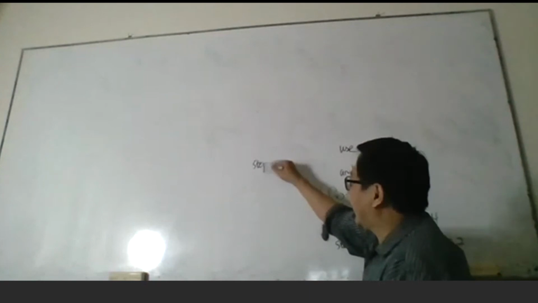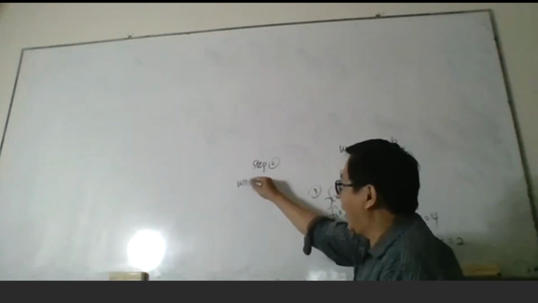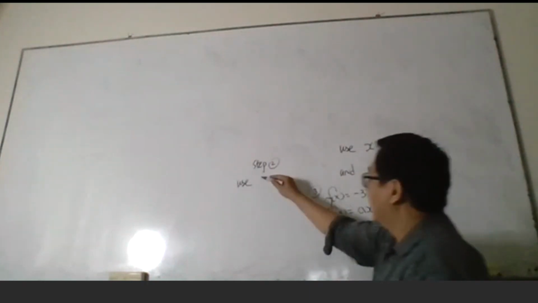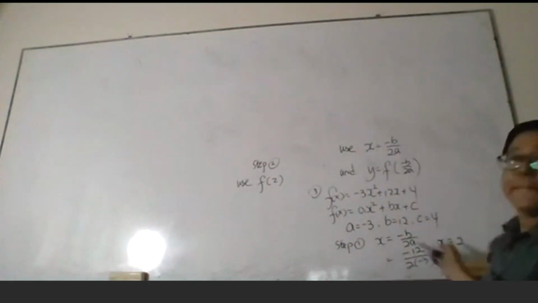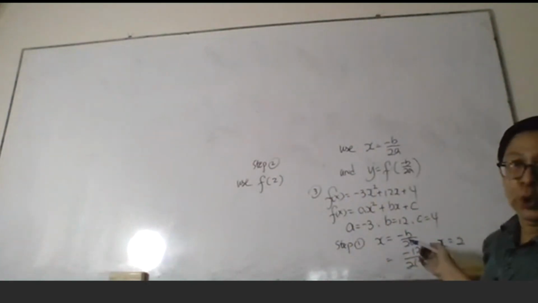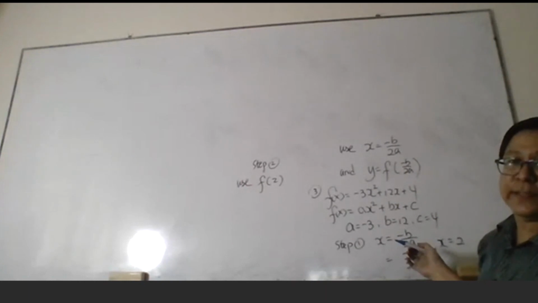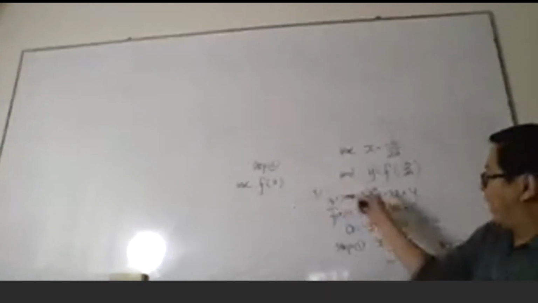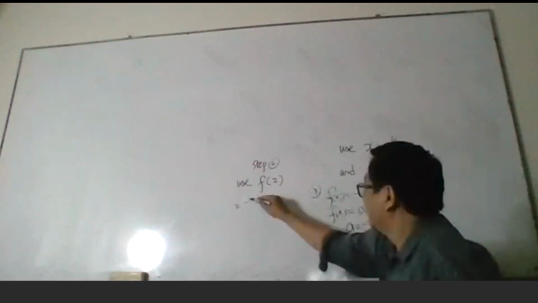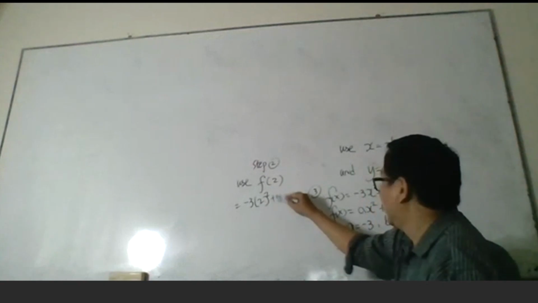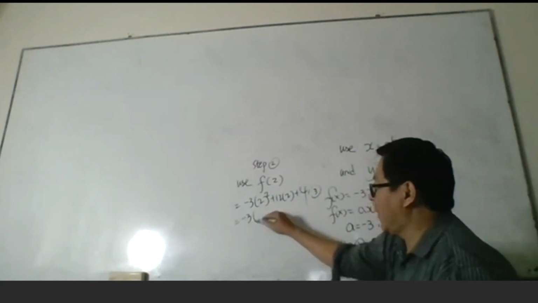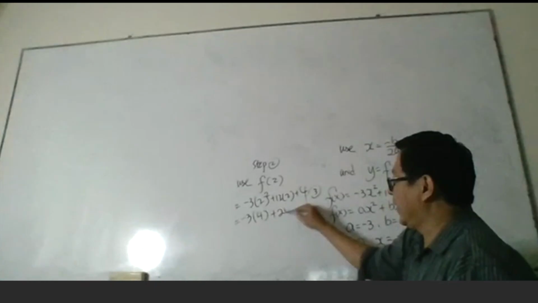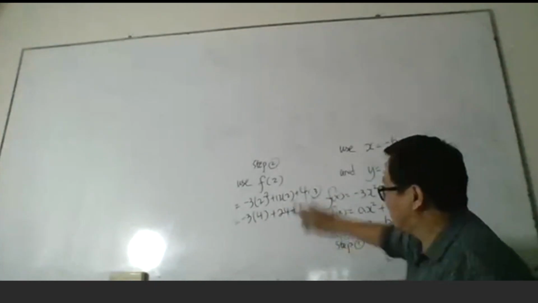In the second step, I am going to use f(2), because I know that my x is equal to 2. So I put this x into the function: -3(2 squared) plus 12(2) plus 4. -3 bracket 4, plus 24 plus 4.